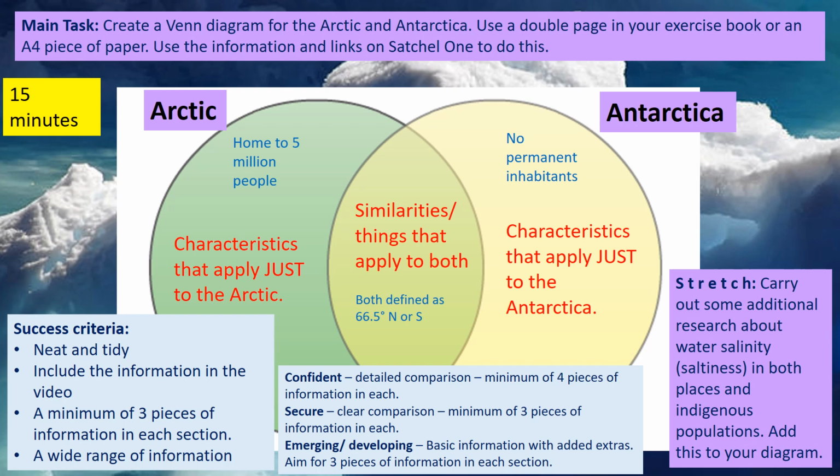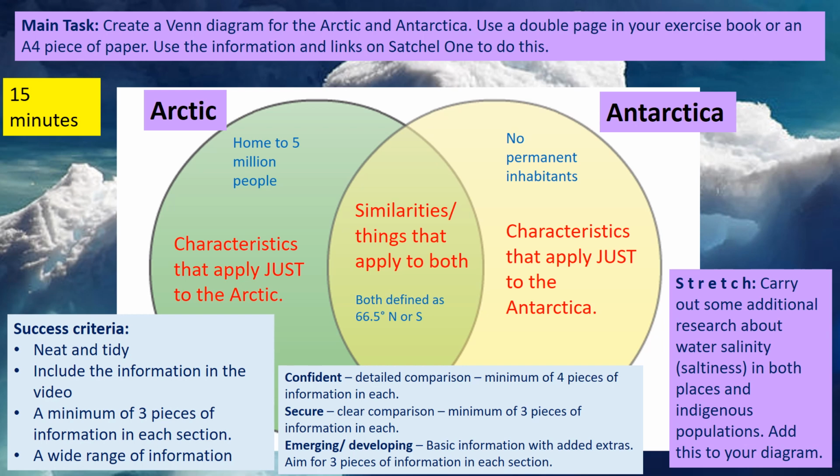For the Arctic, home to 5 million people, that's information that just applies to the Arctic compared to Antarctica. The information we've got here for Antarctica is no permanent inhabitants. There are scientists that live there, but they're not permanent inhabitants. They don't live there all year.